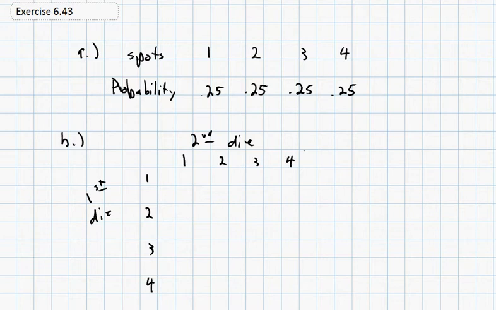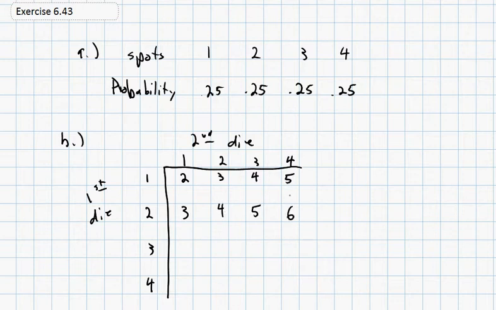So if I get a 1 and a 1, that's going to correspond to a sum of 2. 1 and 2 gives me 3, 1 and 3 gives me 4, and 5. 2 and 1 gives me 3, 4, 5, 6, 4, 5, 6, 7, 5, 6, 7, 8.